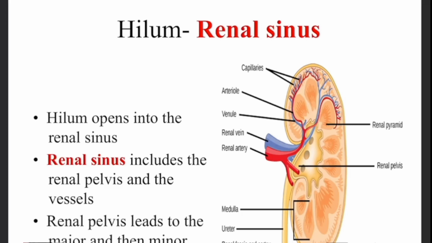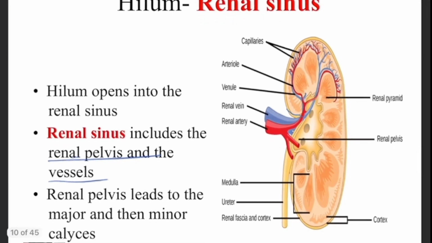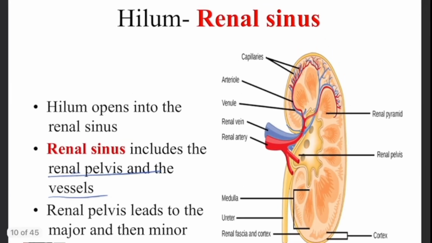This region opens into the area called the renal sinus. So the renal sinus includes the renal pelvis with the blood vessels. The renal pelvis leads to major and minor calyxes. Hope the anatomy is clear.